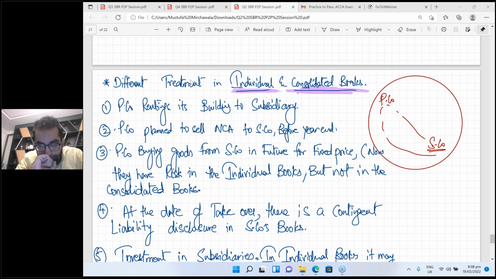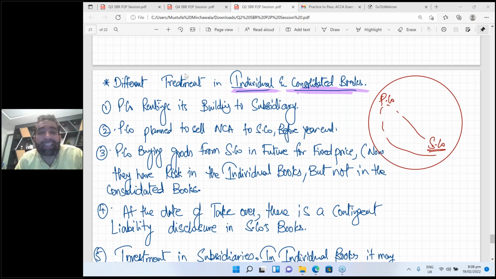Now moving on to the third example, this is related to hedge accounting. My dear students, I'm sure by now you all know the conditions for hedge accounting. If you want to apply hedge accounting in your books, you have to take permission from the auditor, and you have to fulfill certain conditions.